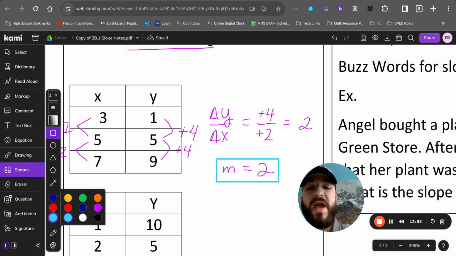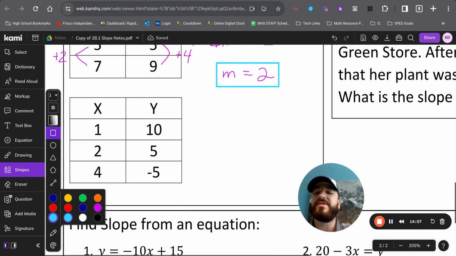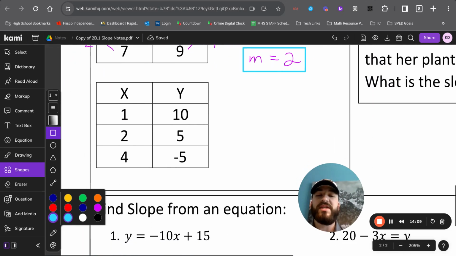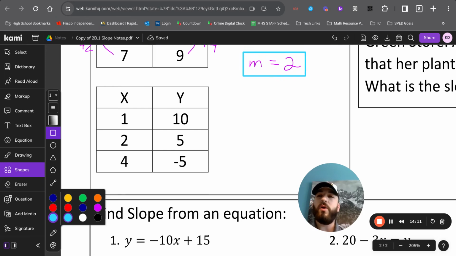So maybe a little bit faster than doing those 2 different points for slope. If you prefer using the slope formula, of course you can use the slope formula, or you can kind of use this little trick for your table. So let's do another one. If you want to, go ahead and pause me if you want to do this table on your own. If you want to do it with me, you can just keep following along.